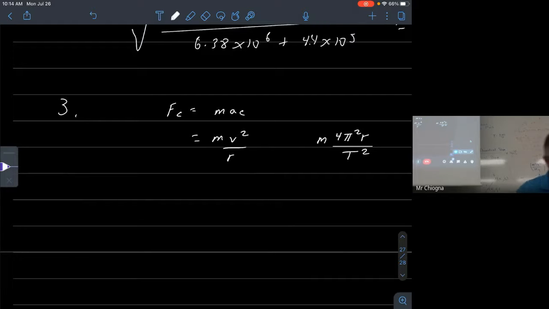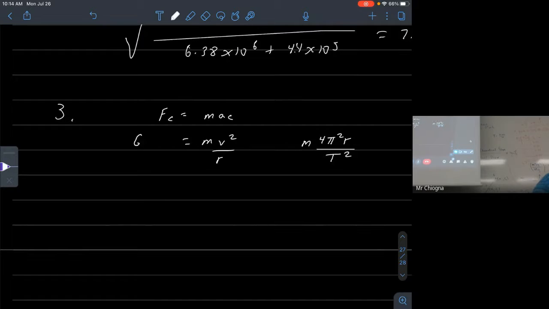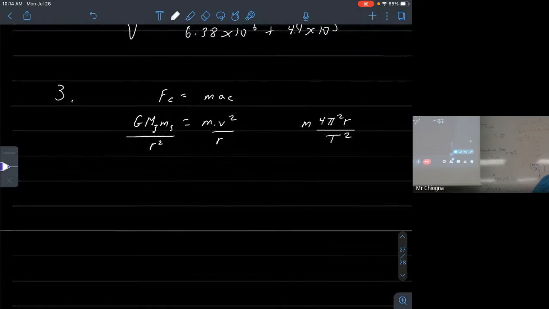Okay, back to this. What's keeping any satellite or moon in orbit? It's gravity. So that's what goes on the left, where small m is the mass of the satellite or moon, and M in this case is the mass of Jupiter. You don't need the mass of the satellite; it will cancel out.